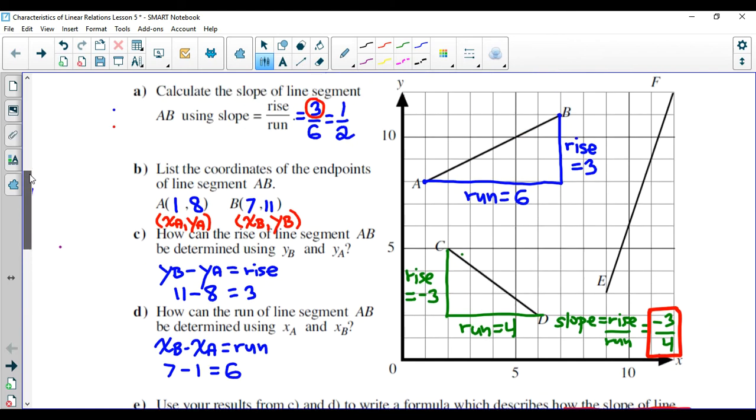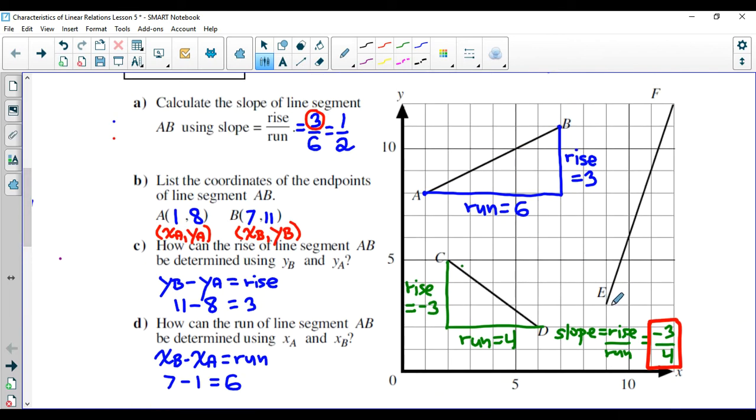So for the last one, let's draw our slope triangle, line segment EF. So you can go to the right, then you can go all the way up. Okay, so this guy would have a run that's equal to 1, 2, 3. And it would have a rise that's equal to, now you go up from left to right, so the rise would be positive, and you go up by 1, 2, 3, 4, 5, 6, 7, 8, 9.